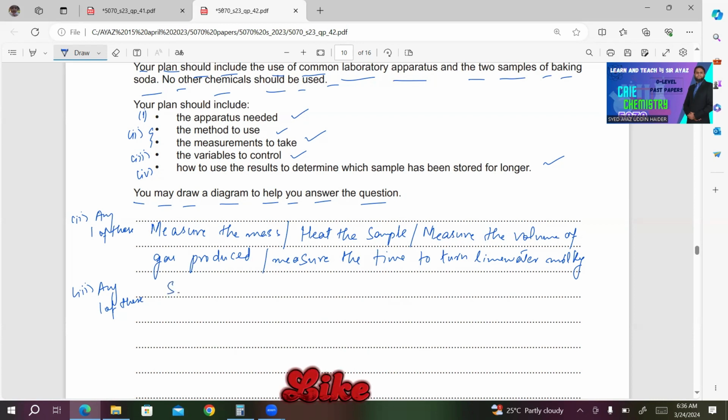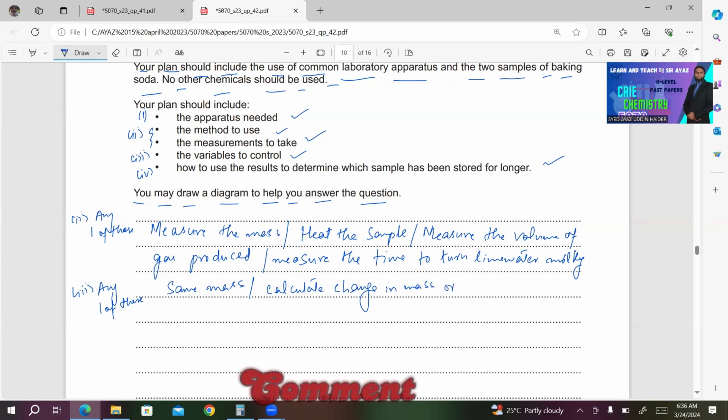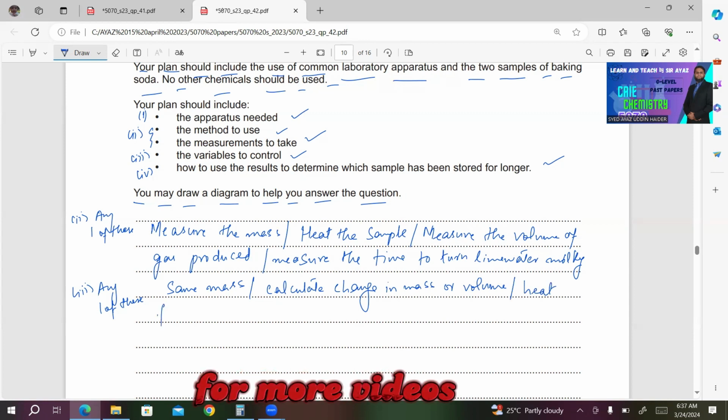So we'll write same mass. Calculate change in mass or volume. Heat for same length of time.